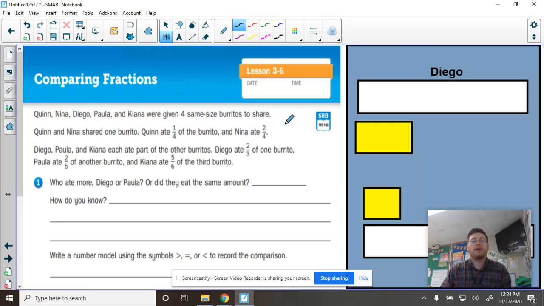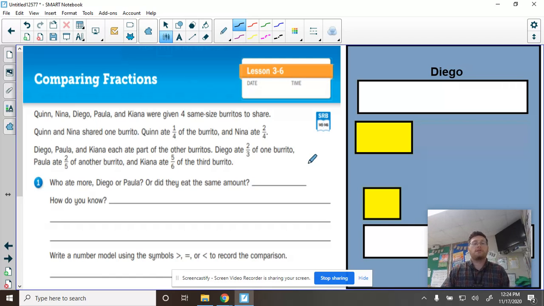Quinn and Nina shared 1 burrito. Quinn ate 1/4 of the burrito, and Nina ate 2/4 of the burrito. Diego, Paula, and Kiana each ate part of the other burritos. Diego ate 2/3 of one burrito, Paula ate 2/5 of another burrito, and Kiana ate 5/6 of the third burrito.